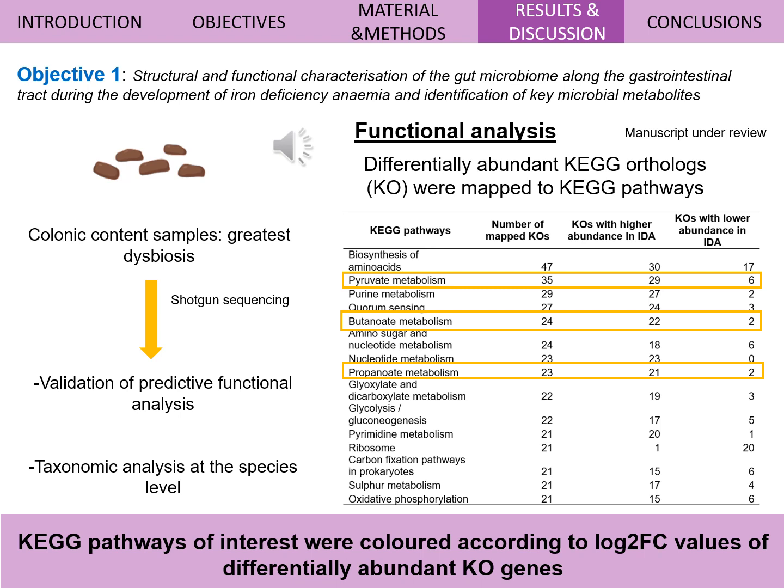So the functional analysis showed that KEGG orthologs showing differences in relative abundances between the two experimental groups mapped mainly to pathways related to pyruvate metabolism, butyrate metabolism, and propionate metabolism. So these pathways were then colored according to log2 fold change values of differentially abundant KEGG orthologs genes.